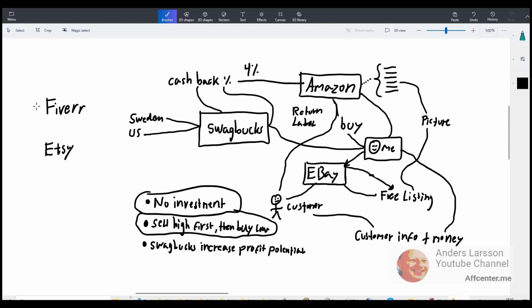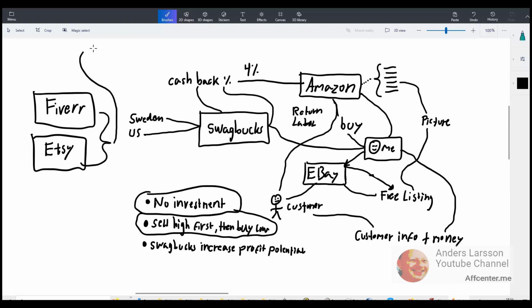Also, another thing, if you know web services like Fiverr and Etsy, on Fiverr where you sell services, on Etsy where you sell products, you know that if you create a Fiverr account or an Etsy account, it is going to be extremely hard to be able to compete, because most of the types of services or products are already invented or they already exist.